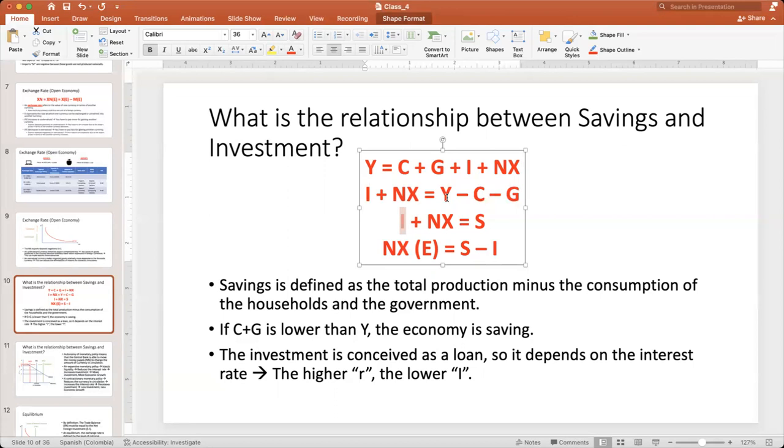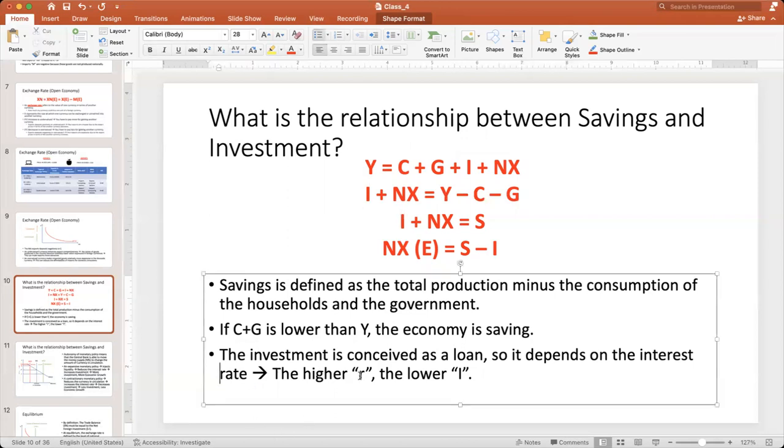Why? Because investment is conceived as a loan, so it depends on the interest rate. The higher the interest rate, the lower the investment. If you have to pay more in interest, you prefer not to get more loans. And if the interest rate is lower, you have incentive to get more debt.